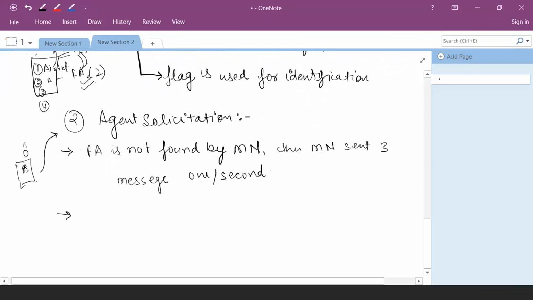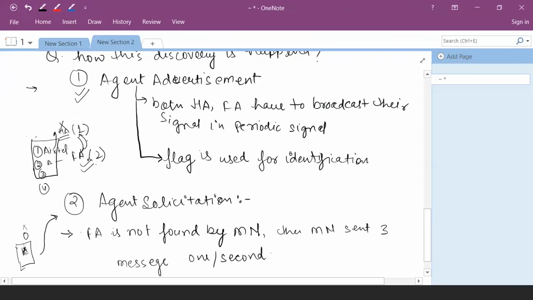Any network means, for example, whether I am an Airtel subscriber or a Jio subscriber, for the initial connectivity. After some time it will again do the agent discovery, that is the first one, agent advertisement, and do the allotment of the perfect foreign agent.